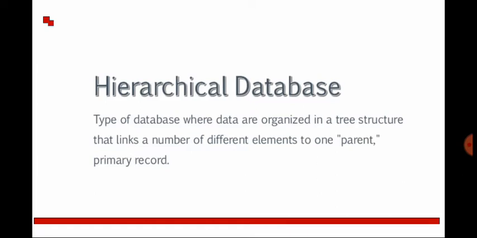Here, the last one is hierarchical database. In this hierarchical database, the data are organized in a tree structure that links a number of different elements to one parent record.